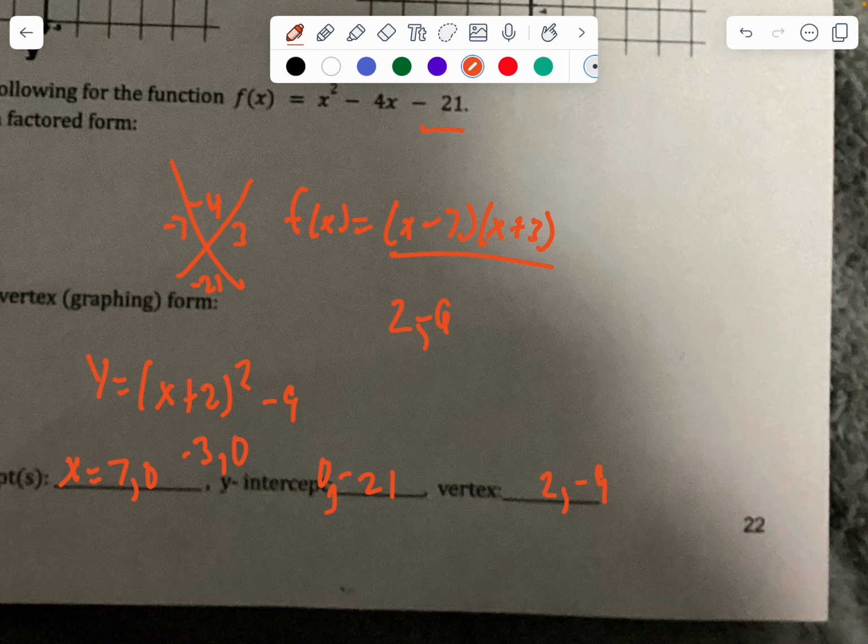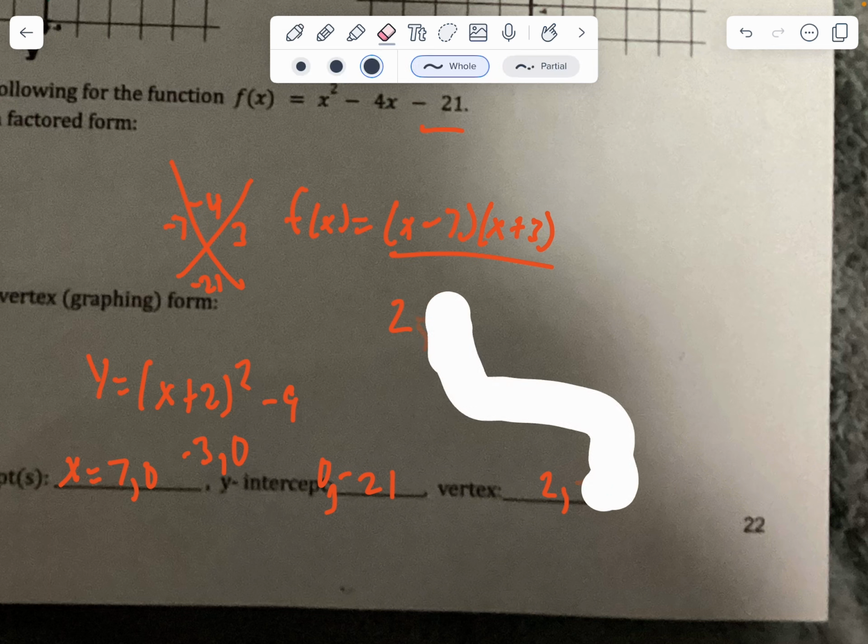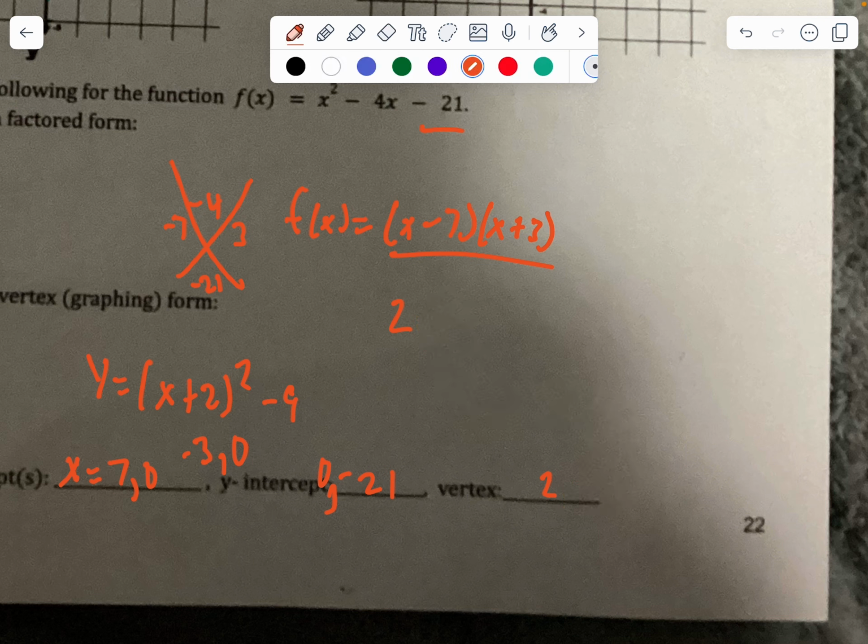So 2 squared is 4 minus 8 is negative 4. Negative 4 minus 21 is negative 25. So it's going to be 2, negative 25 for that.